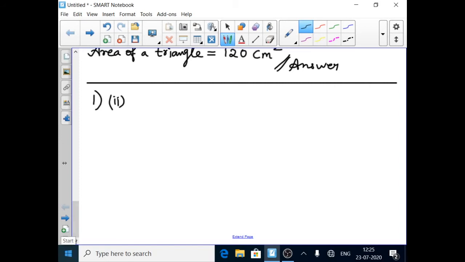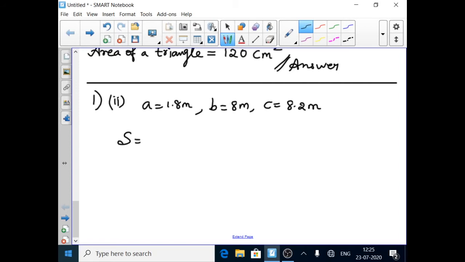The A value is equal to 1.8 meter and B is equal to 8 meter, then C is equal to 8.2 meter. Okay, so already I told you, if you want to find the area of the triangle using Heron's formula, first we should find S value.